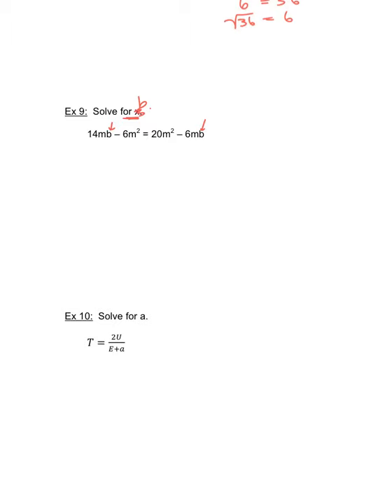So the first thing I want to do is get my b terms on the same side of the equal sign of the equation. So I could bring this negative 6mb over this way and have it join with the 14mb.